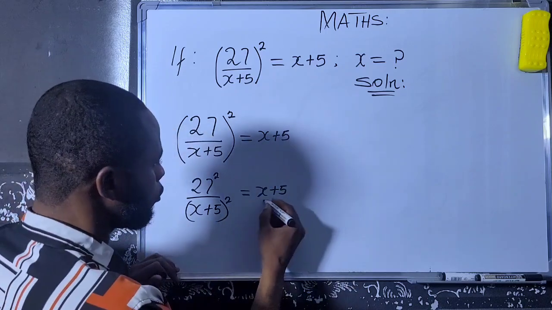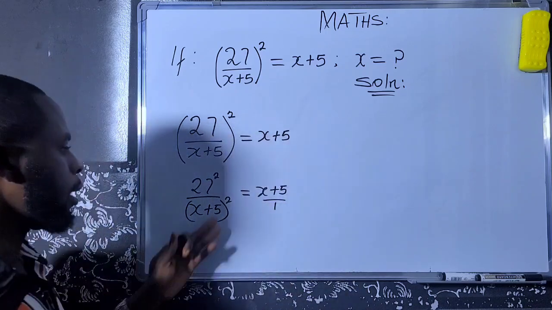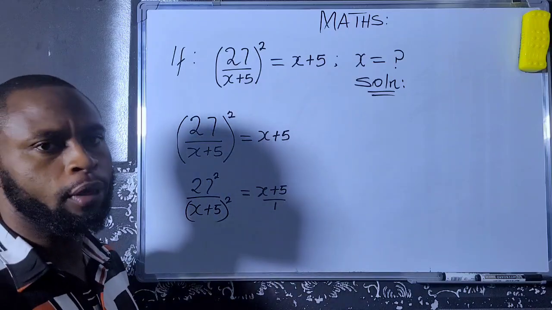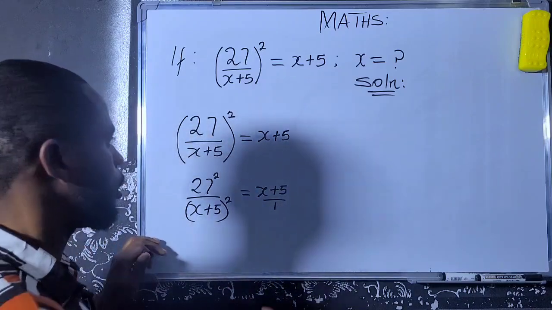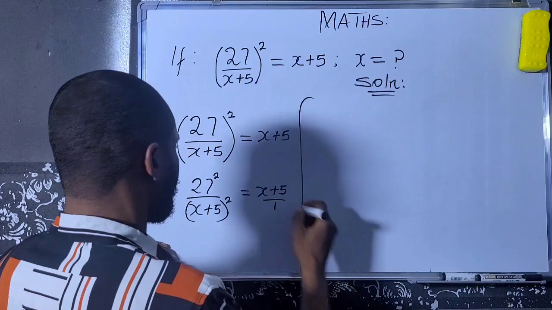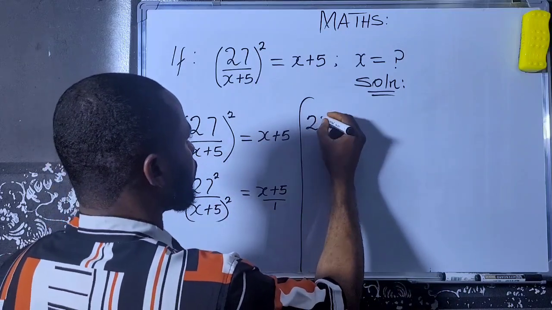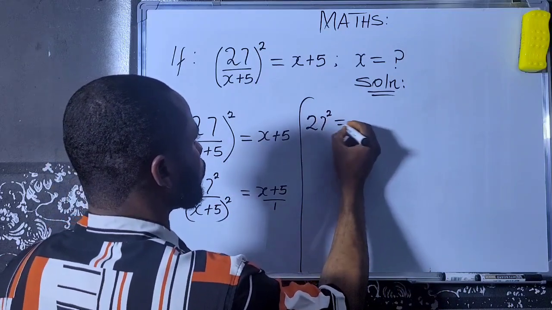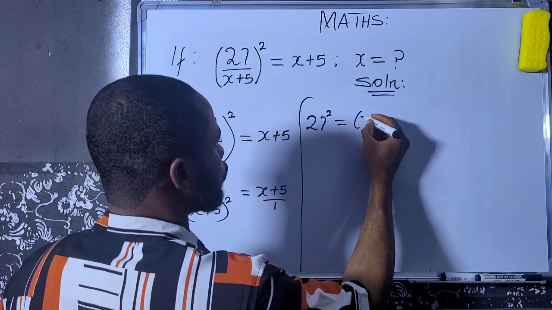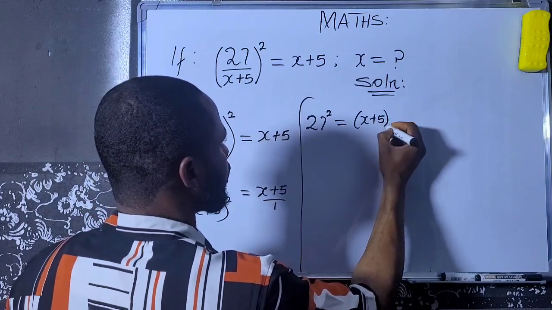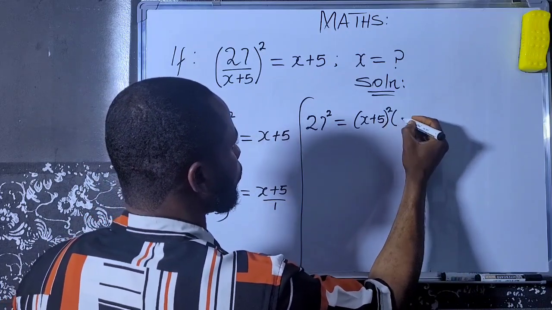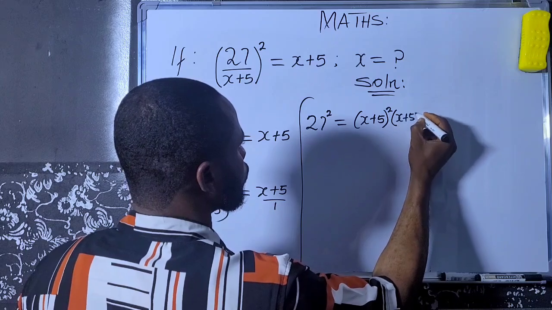Then here, note that this is over 1, and you are going to apply cross multiplication here, and this becomes 27 to the power of 2 equals (x plus 5) to the power of 2 multiplied by (x plus 5).